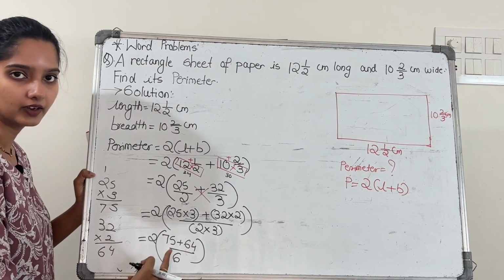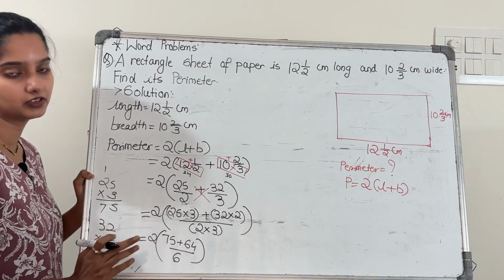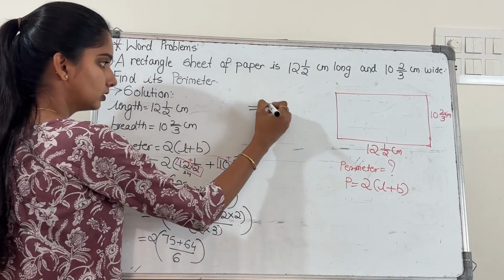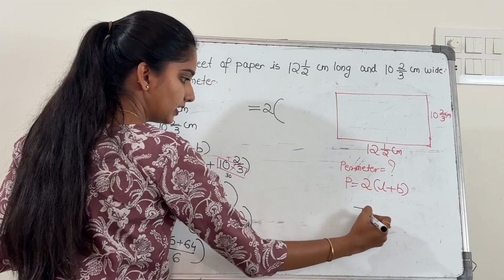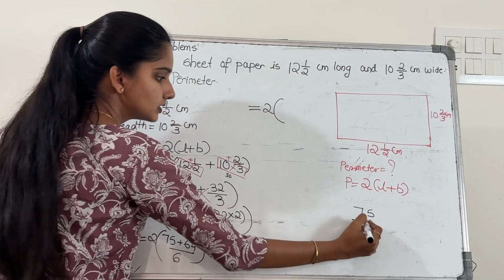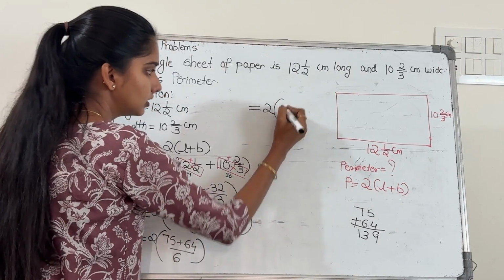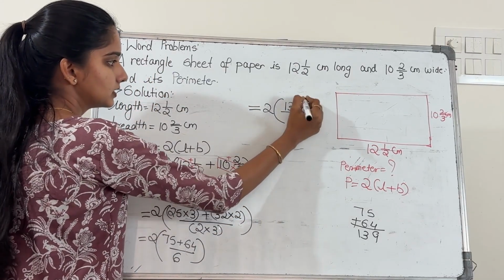Again simplify, don't keep it as it is. Whatever you get, you multiply with the 2. So it is 2 into (75 plus 64) upon 6. 75 plus 64 is 139, so 139 upon 6.